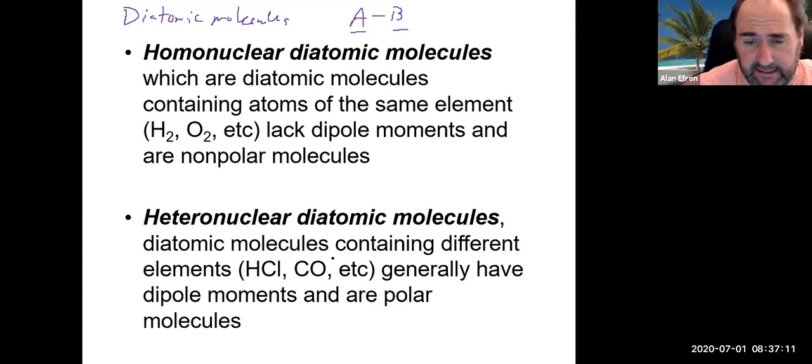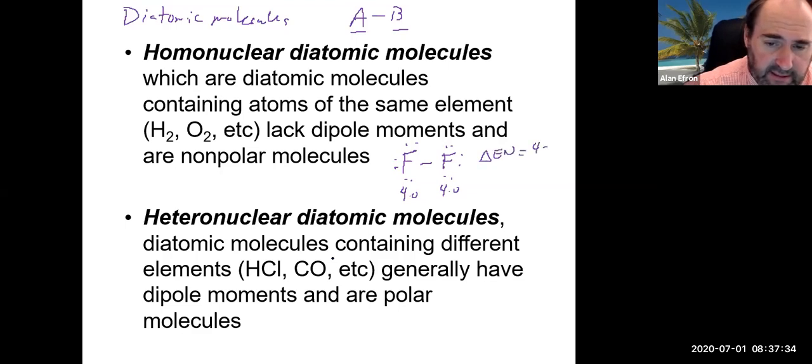If we look at something like F2 that we saw earlier, and look at the bond right here in the middle, if we did our electronegativity difference, since both atoms have the exact same electronegativity, that gives us a 0 for that bond, which tells us it is a nonpolar bond.